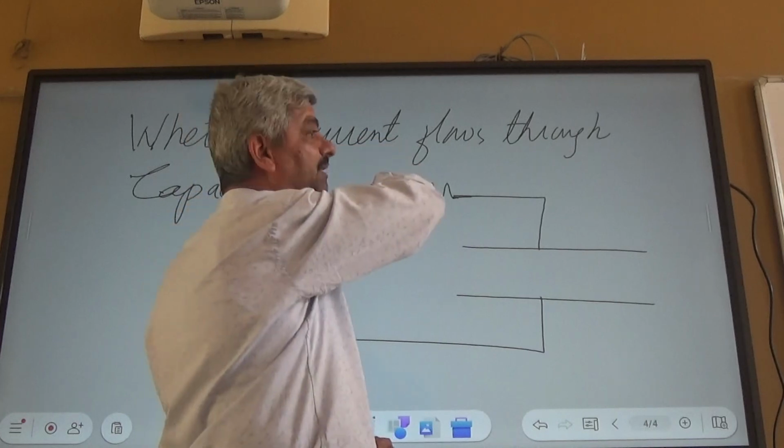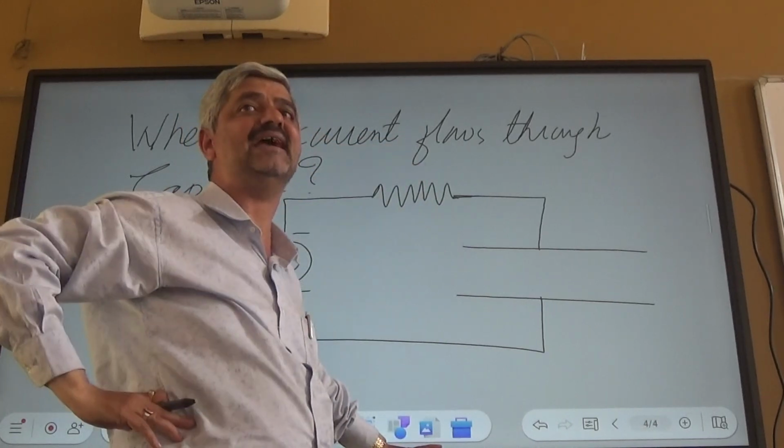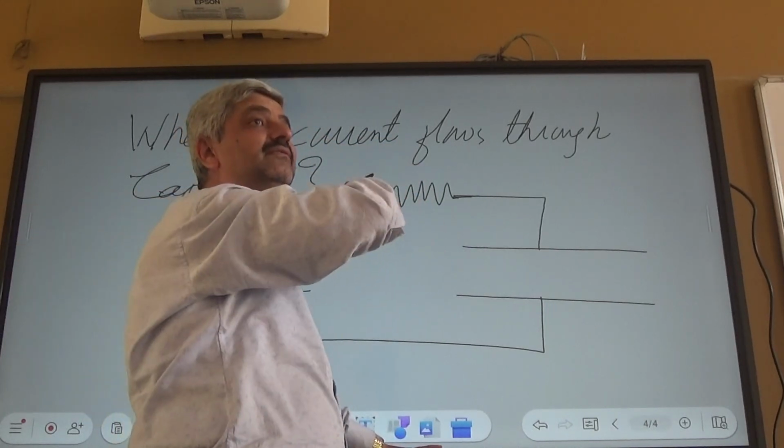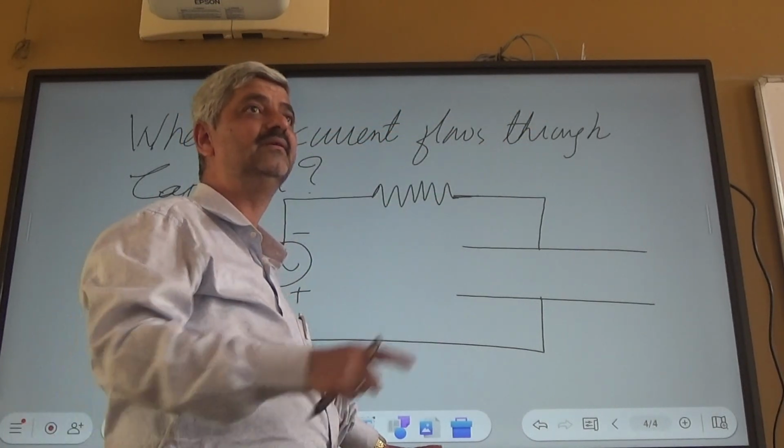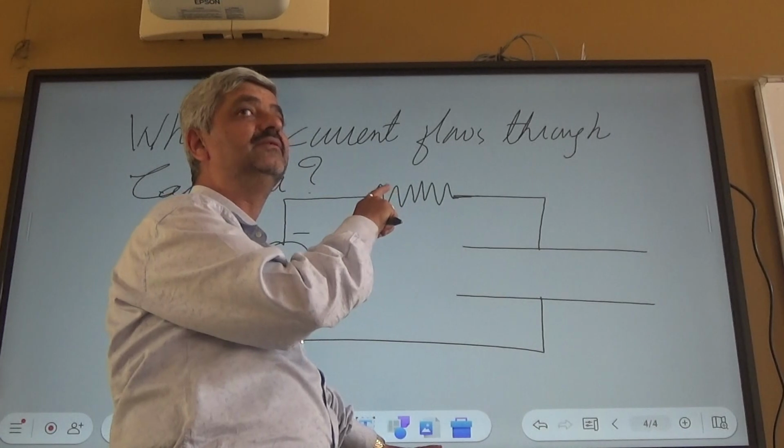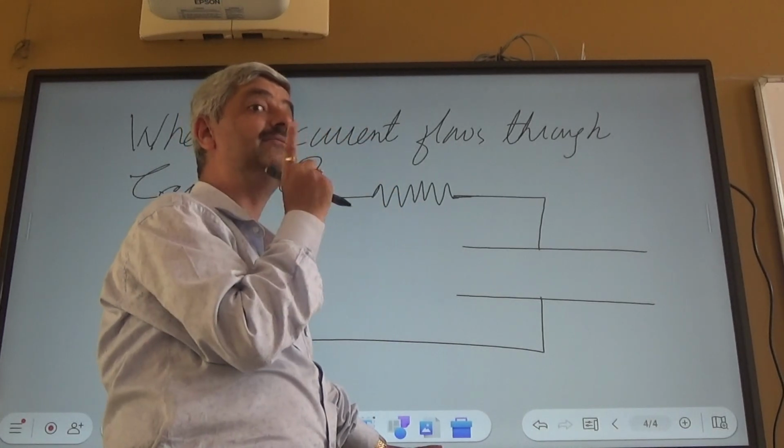So AC current जास्त आहे म्हणजे काय instantaneous? Instant AC current जास्त आहे म्हणजे काय? Electron is moving rapidly.